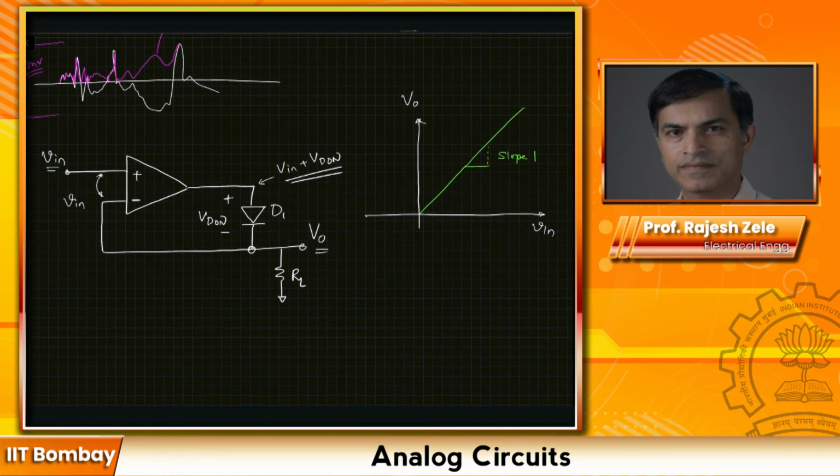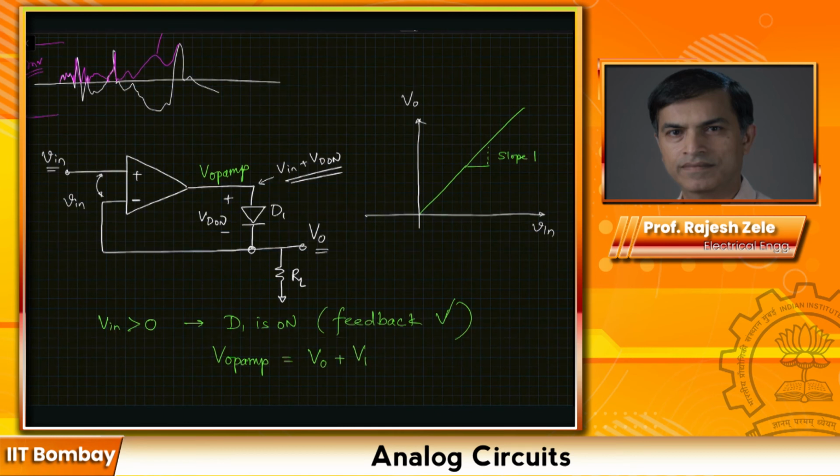This is Vin. What happens when Vin is less than 0? So let me write it down first. When Vin is greater than 0, then D1 is on and the feedback is working. V op amp, this is V op amp, will be equal to V0 plus VD on.